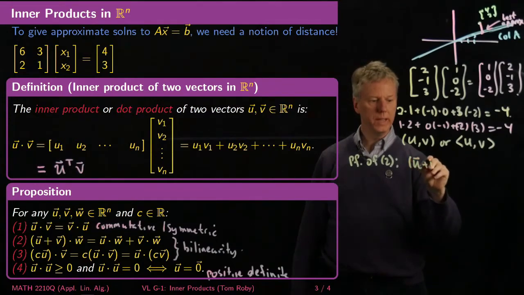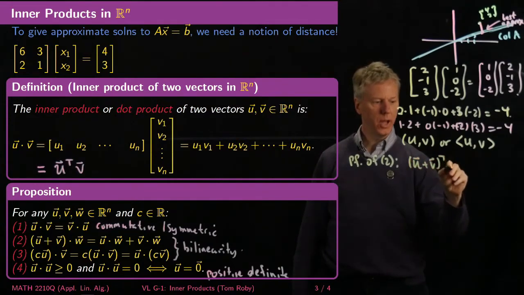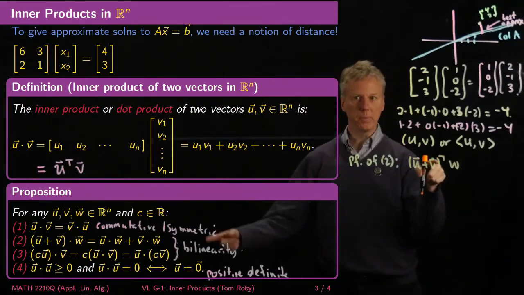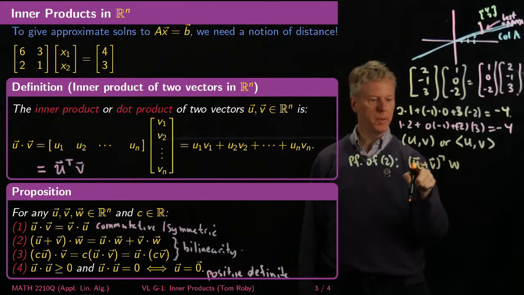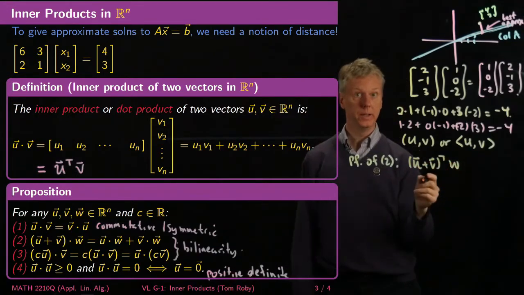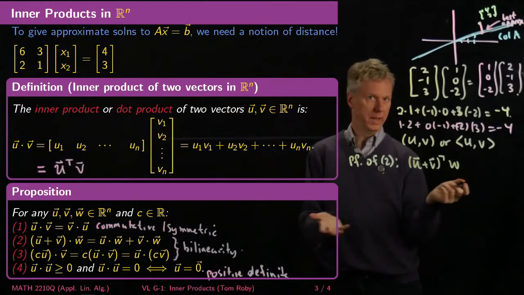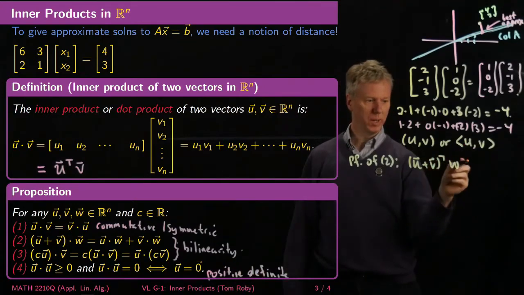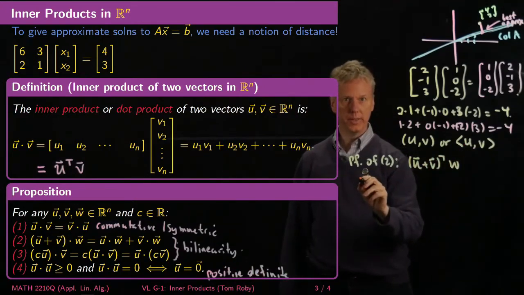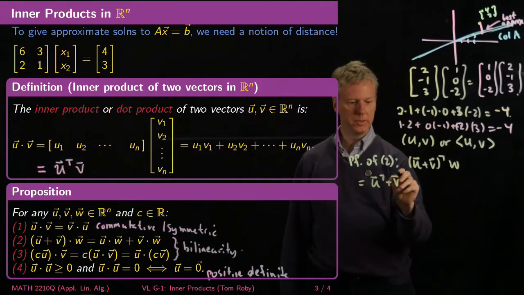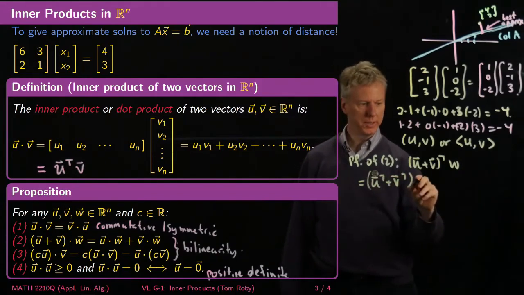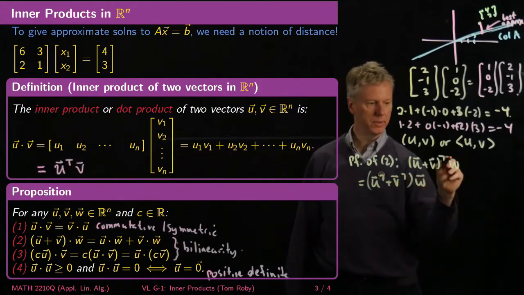So if I'm looking at u plus v dot w, that is equal to u plus v transpose times w, just matrix multiplication, right? So I've replaced the dot product with this transpose thing, but now I know that the transpose of a sum is just the sum of the transposes, right? That's true for any matrix. It's certainly true here. So then this is equal to u transpose plus v transpose, still have parentheses, times w, the vector w.